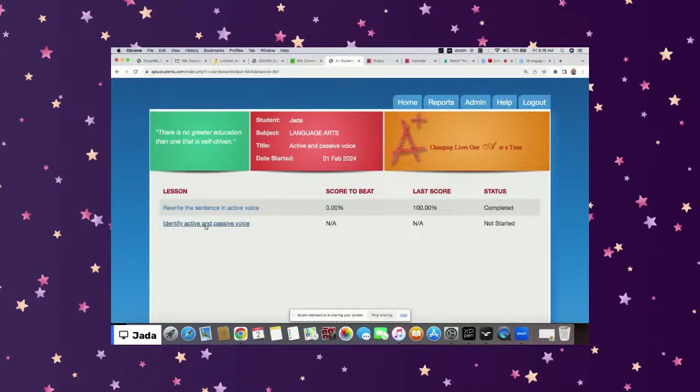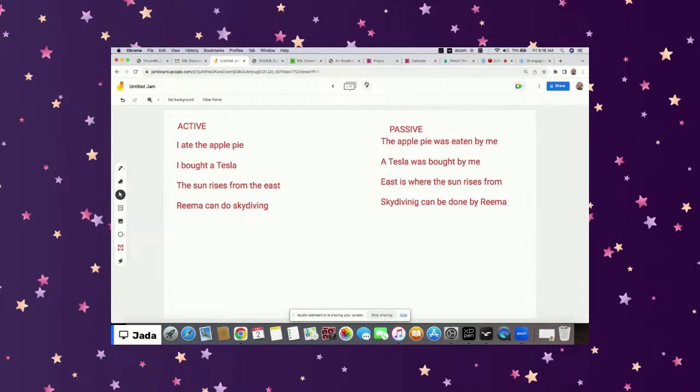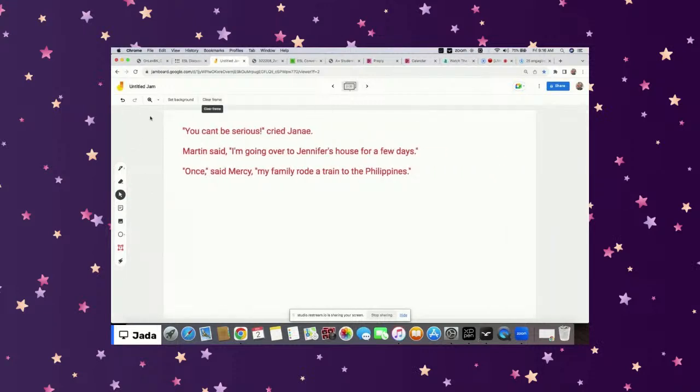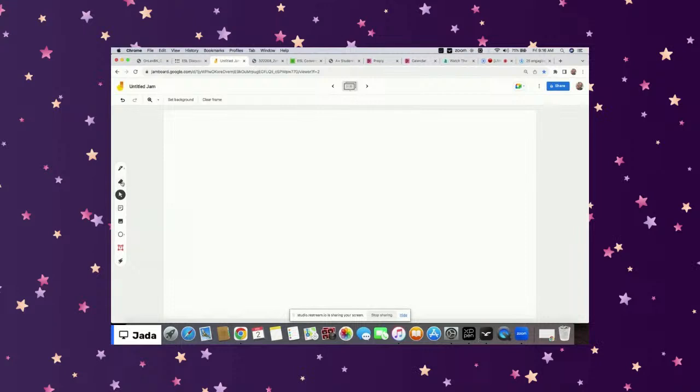So the next one is identify active and passive. In the first one, we rewrote the sentence in active. Now in the second, we would have to identify active and passive. But before that, I will give some time for you to ask questions on active and passive.